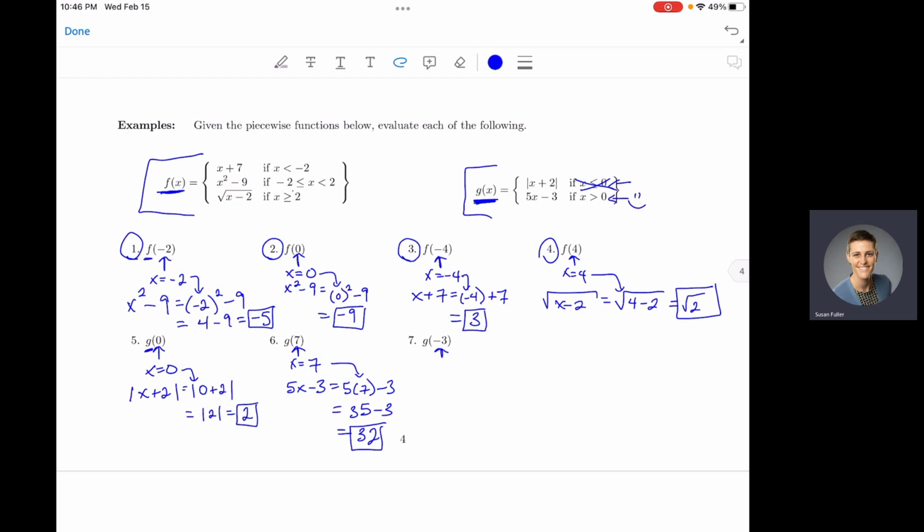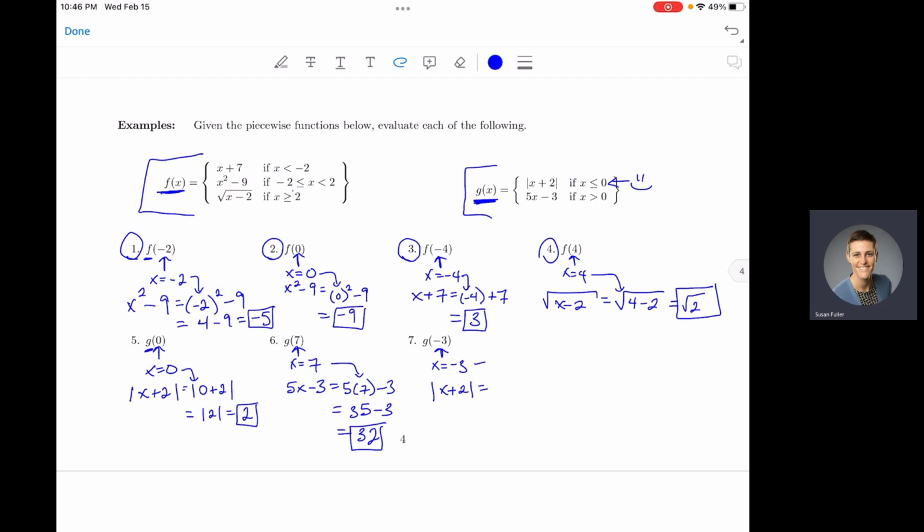And the last one, g of -3, this says our x value is -3. So we're going to come back up here and figure out which one's true. Is -3 less than or equal to 0? Yep, it sure is. So we are using the function absolute value of x plus 2.